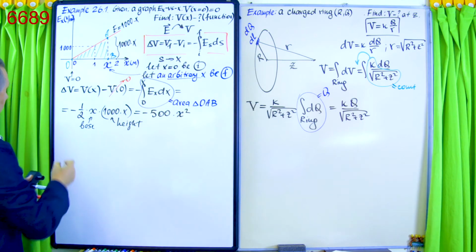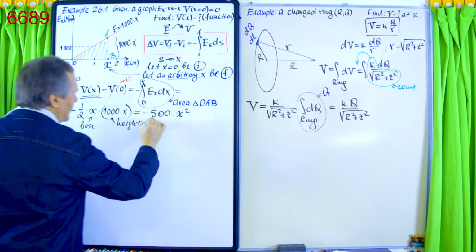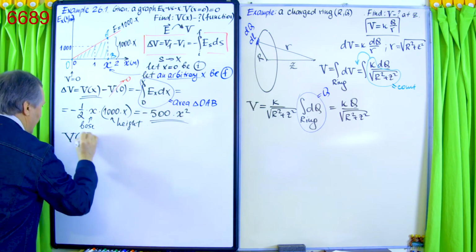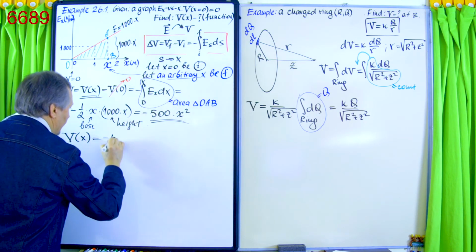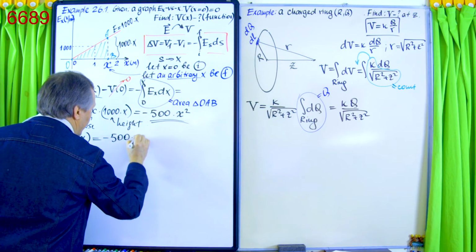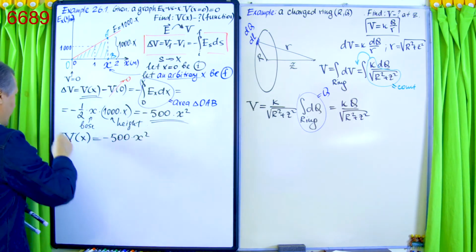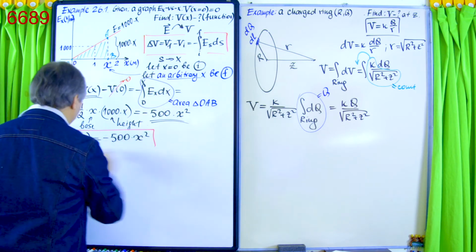So eventually, here's our result: V of x equals minus 500 times x to the power of 2. So that's the function which we wanted to find.